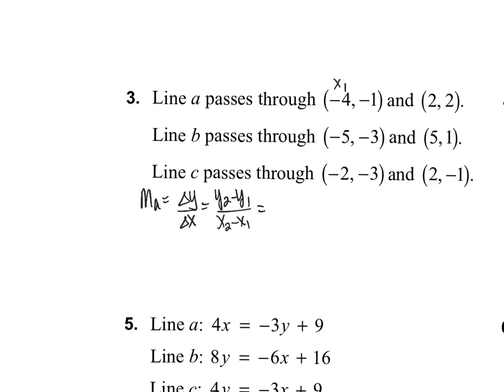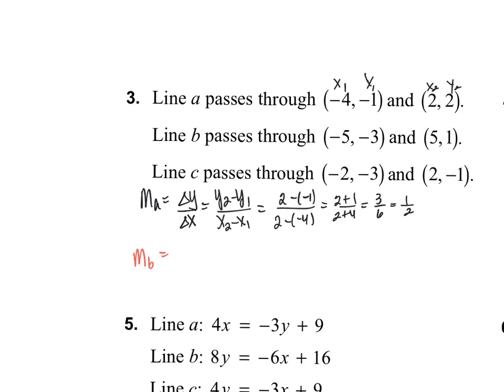So here's x1, y1, x2, y2. So we have 2 minus a negative 1 over 2 minus a negative 4. So we have 2 plus 1 over 2 plus 4. 3 over 6 reduces down to 1/2.